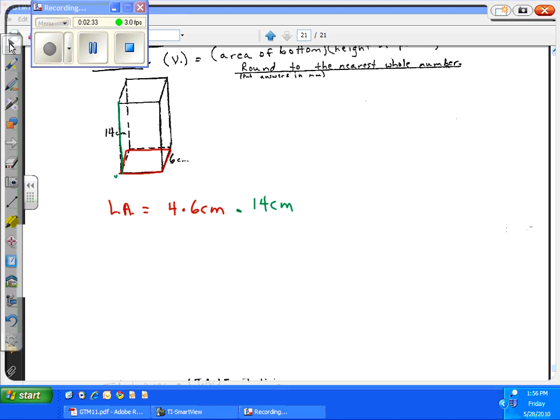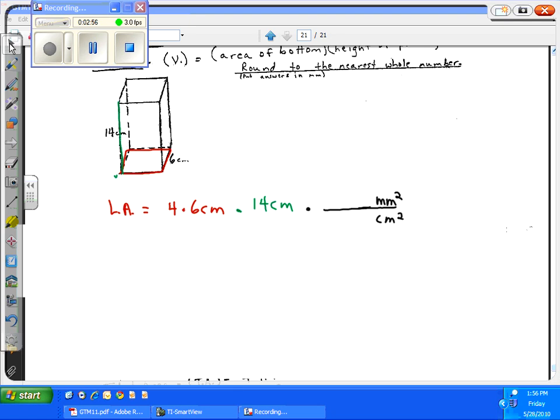So when we go perimeter of bottom times height, that would give us the lateral area. Now, we need to convert. When you multiply centimeters times centimeters, you would get square centimeters. And we would need to lose that name square centi and gain the name square milli.